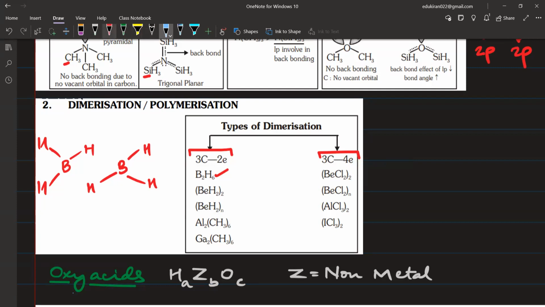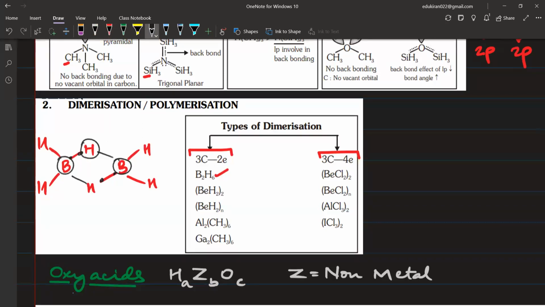Now there are 2 electrons in each of the bonds here, right? Here we have 2 electrons. Here also we have 2 electrons. But what happens? These 2 electrons are then shared to this boron atom because boron is electron deficient. So this hydrogen makes a bond like this. But in this bond, how many centers do we have? 1, 2, 3 centers.